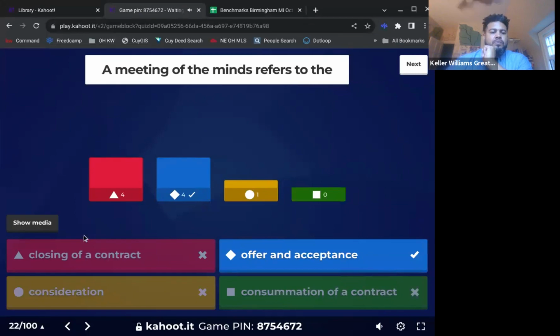Yes. So we had closing of a contract. I can see why you would think that. The meeting of the minds is just at the offer and acceptance of the contract. The closing isn't where they agreed. So just think where they actually agreed was the offer and acceptance. That's where they negotiated and agreed on terms. Closing just means that they followed through with those terms.